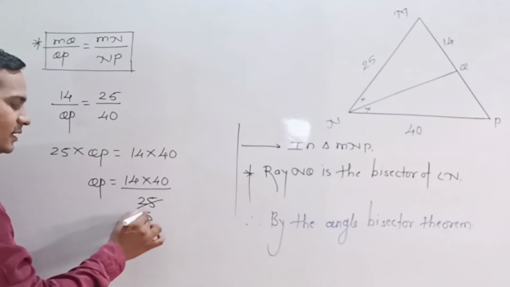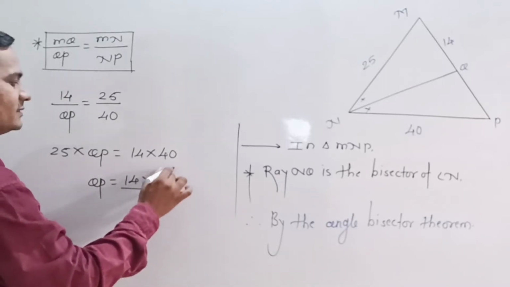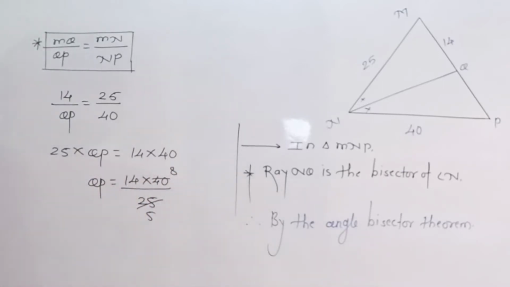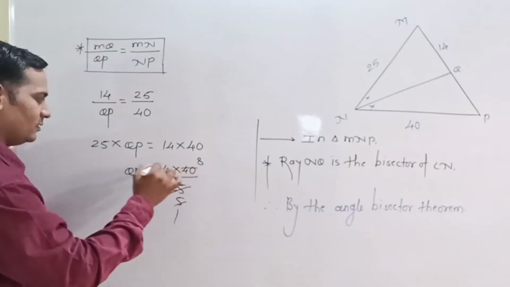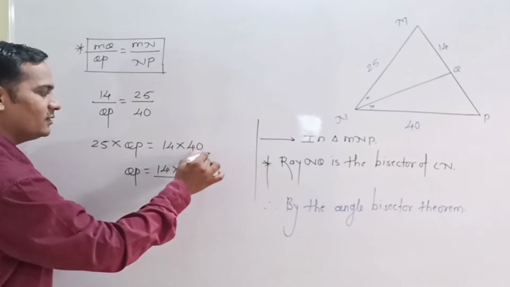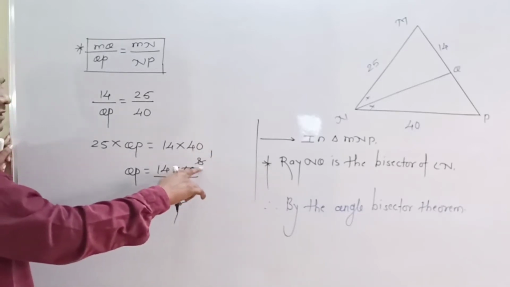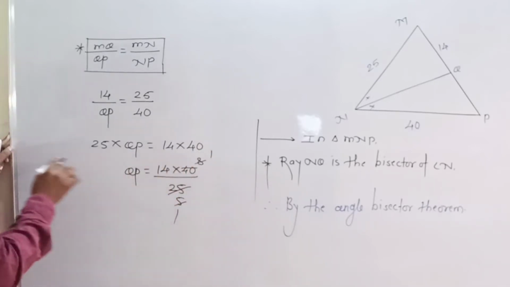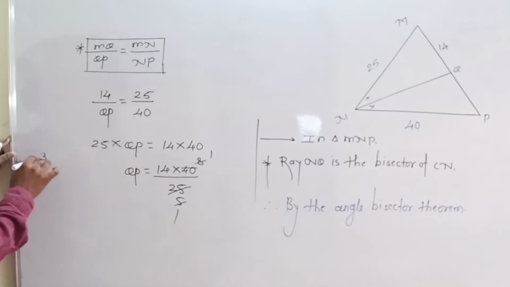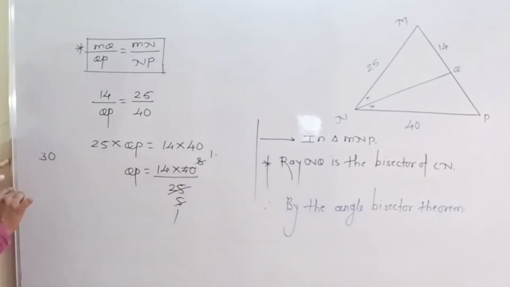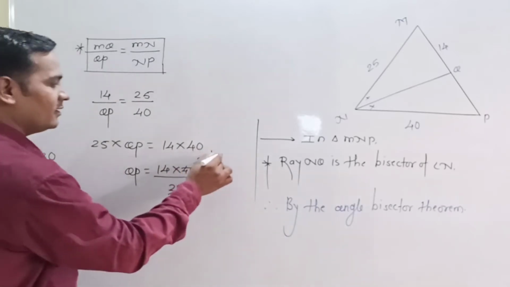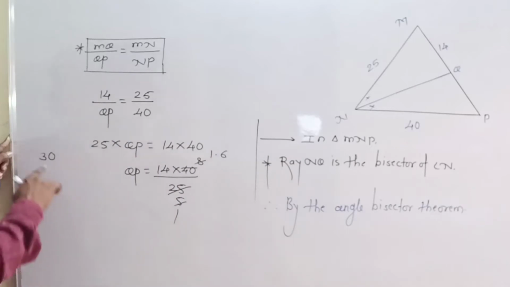So 5 5s are 25, 5 8s are 40. Now here, 5 1s are 5, and we write 5 1s are 5 again here. So 8 minus 5 will be 3. So take a 0 over here. If we are taking 0, that means now the point will be here. And 5 6s are 30.